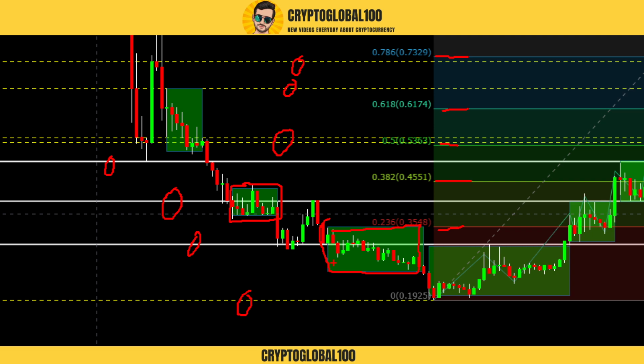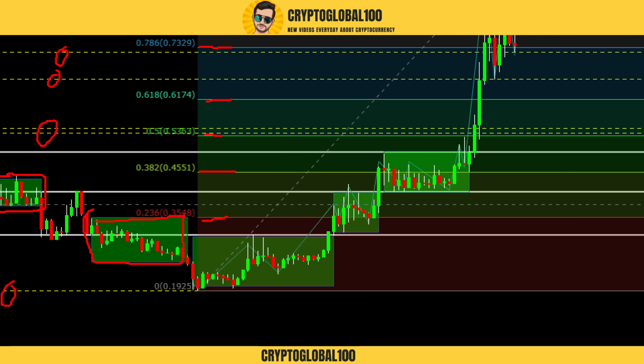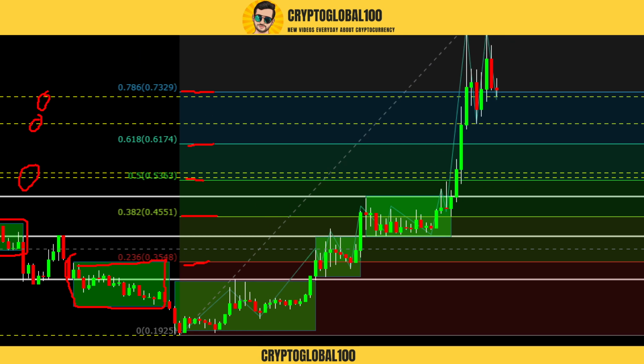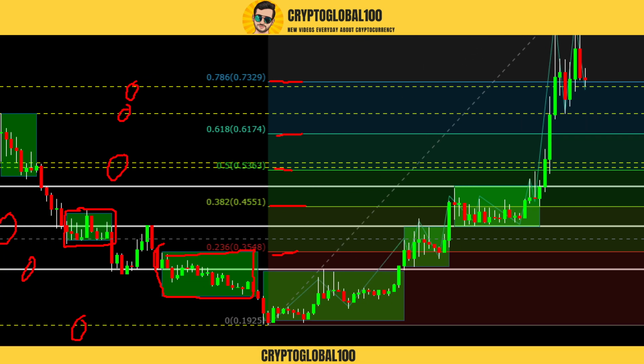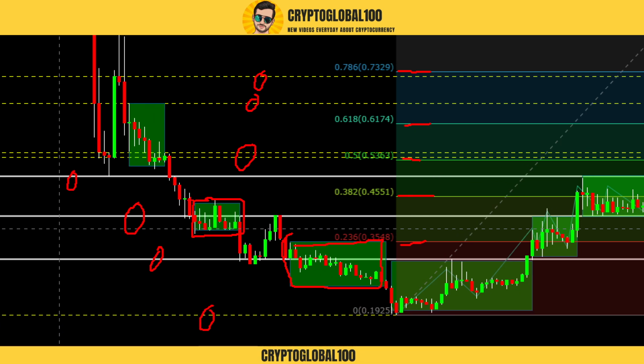You can call these zones accumulation zones, consolidation zones, or ranging market, whatever you prefer. After these rectangular boxes, you can see sudden price movements. After this consolidation, the price made a sudden, volatile move.